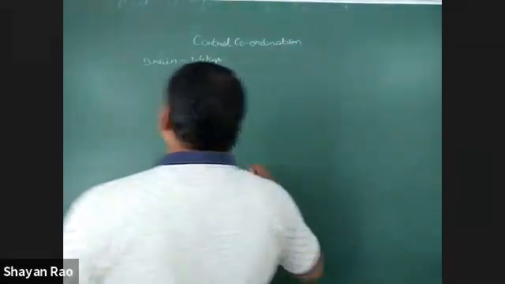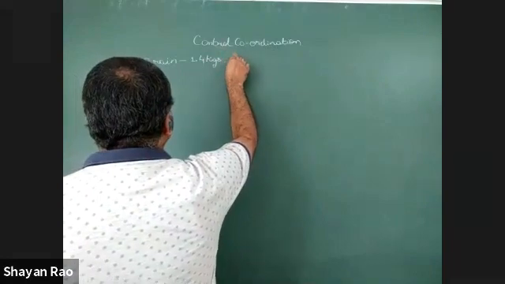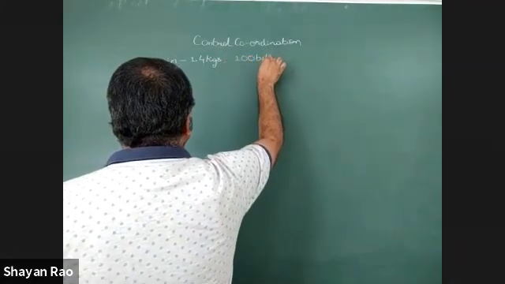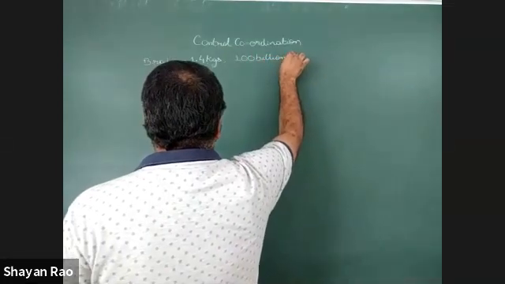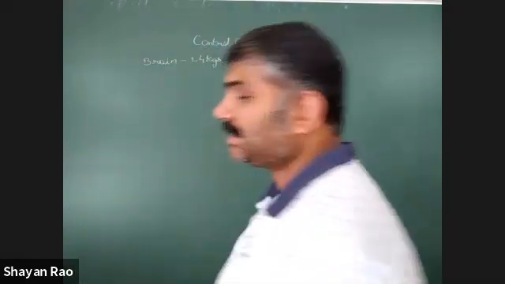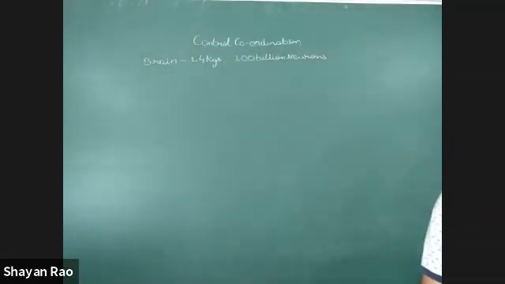So this brain is made up of approximately 100 billion neurons. Last class we understood the structure of the neuron.